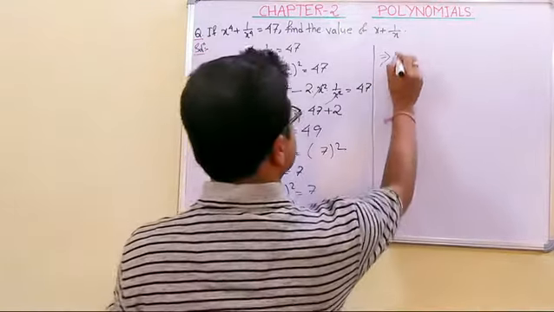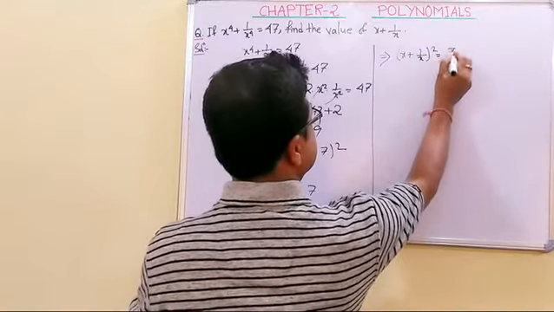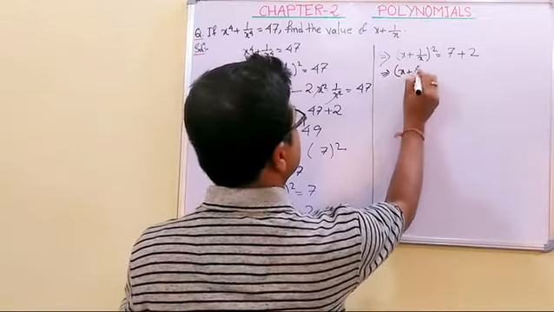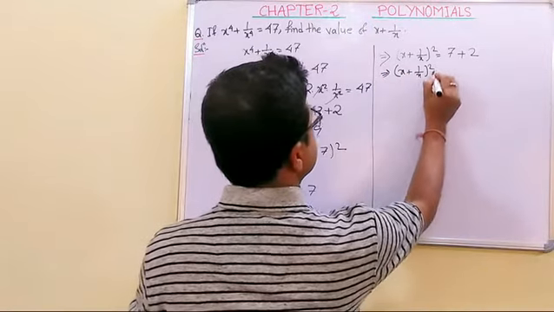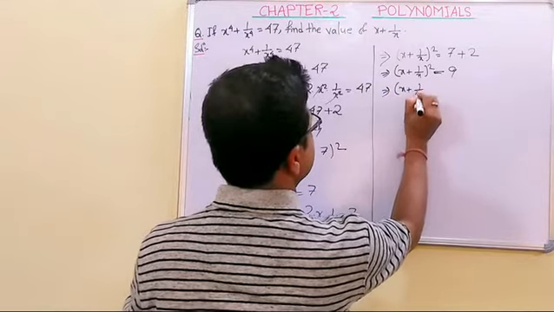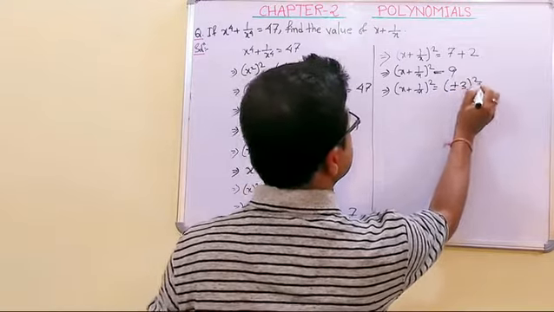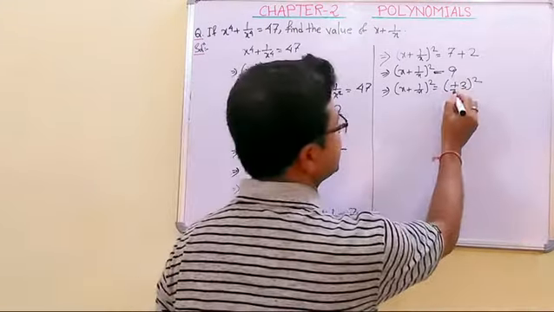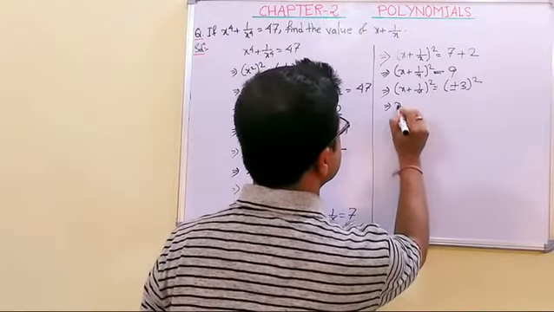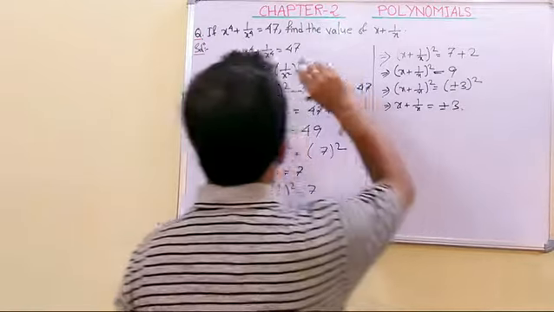Now (x plus 1 by x) whole square equals 7 plus 2. (x plus 1 by x) whole square is 9. (x plus 1 by x) whole square equals plus minus 3 square. Here we can write plus minus because the sum of two numbers may be positive, may be negative. Remove the square from both the sides: plus minus 3. In this way we will solve.